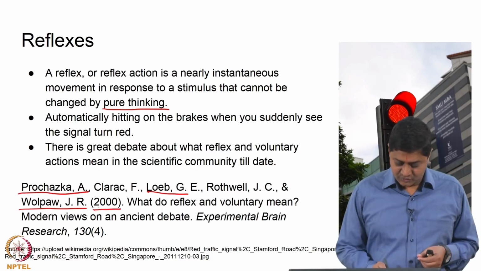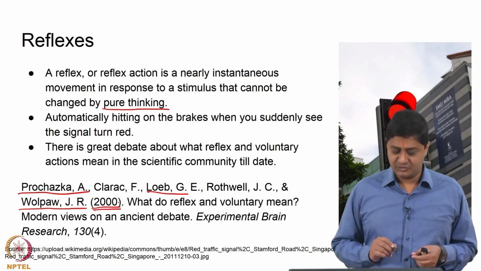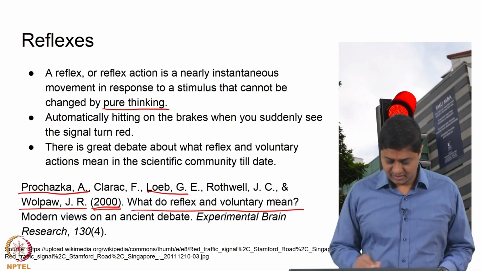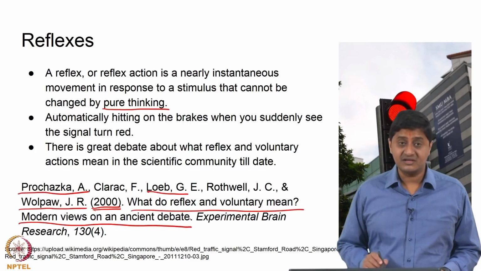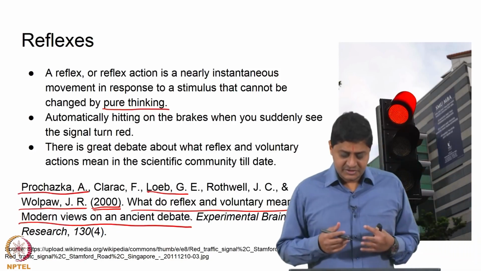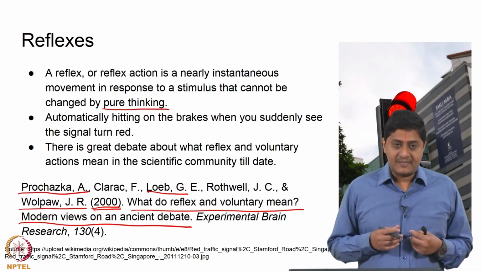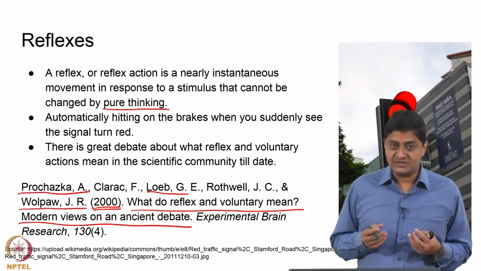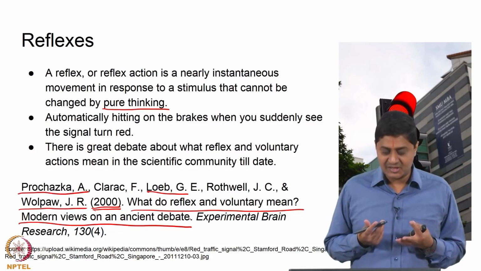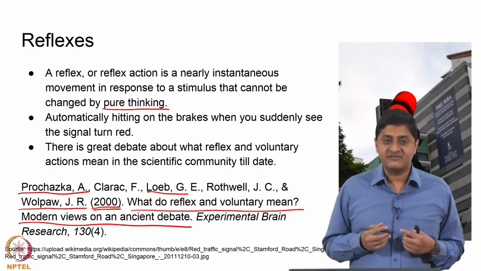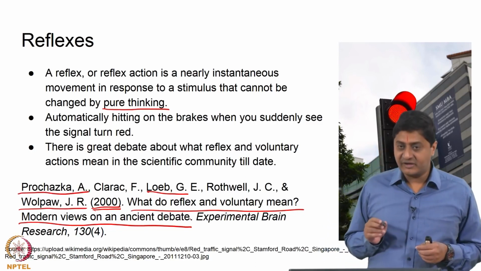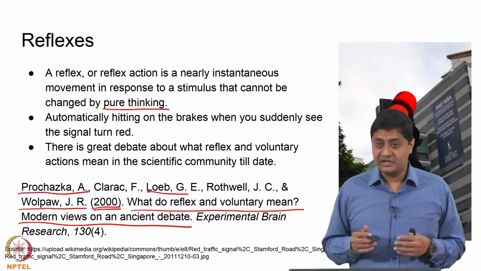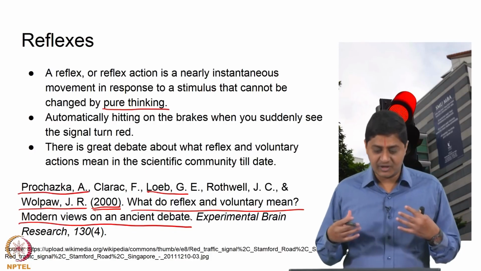As late as the year 2000, they are discussing what reflex and voluntary mean, modern views on an ancient debate. Those who are interested in this terminology and the baggage it carries must definitely consider reading this paper. It is at least a good philosophical introduction to the notion of reflexes and voluntary.